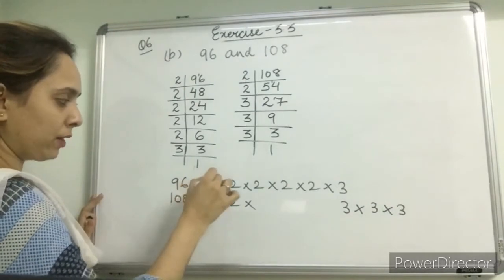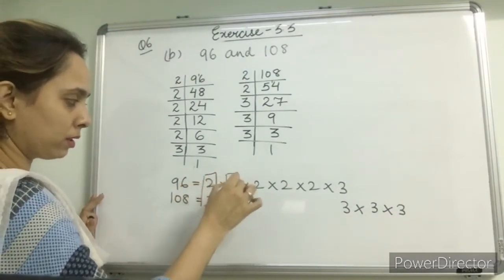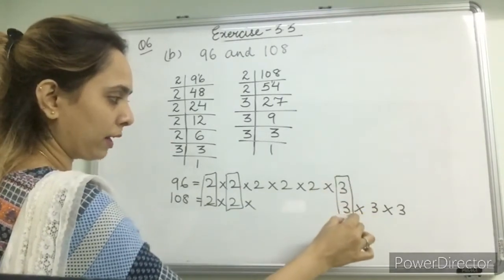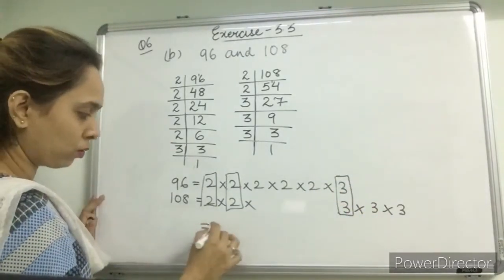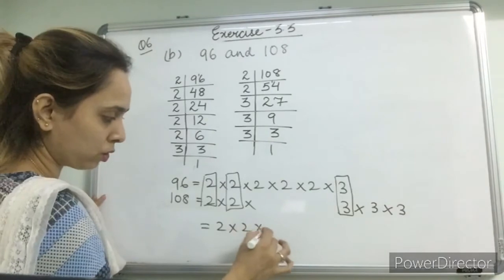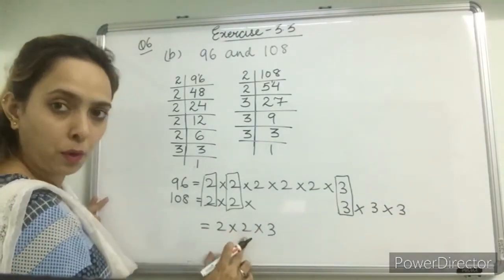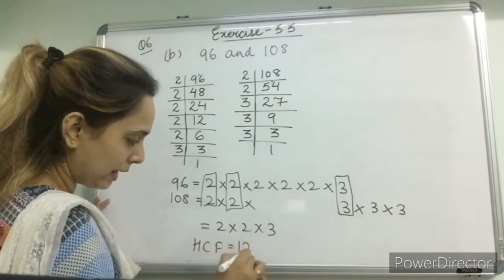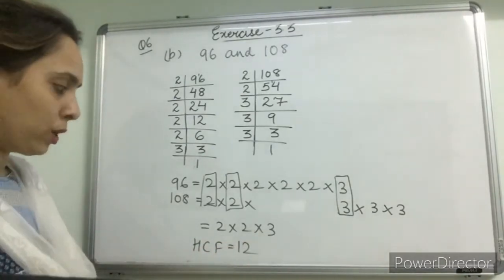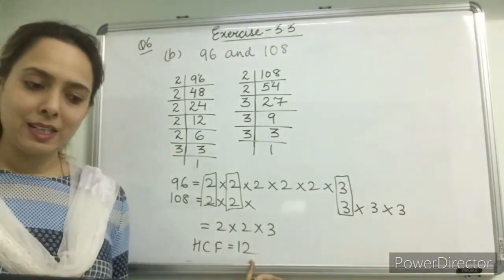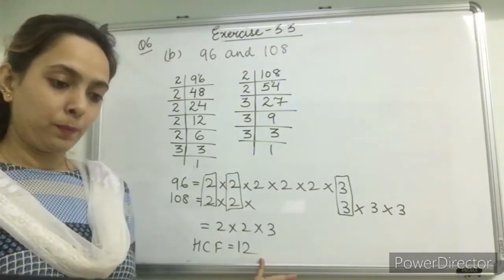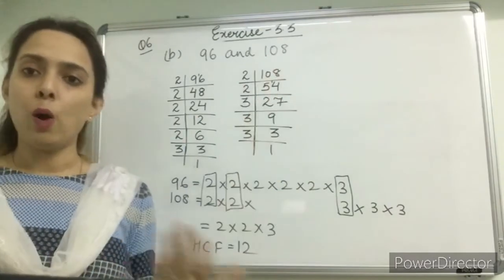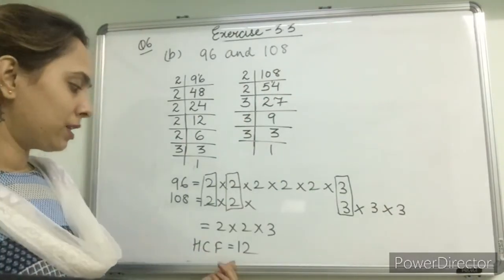So here the common prime numbers are 2 times 2 and 1 times 3. So 2 into 2 into 3. 2 2s are 4, 4 3s are 12. So here HCF is 12. So the greatest number which divides this and this without leaving a remainder is 12.